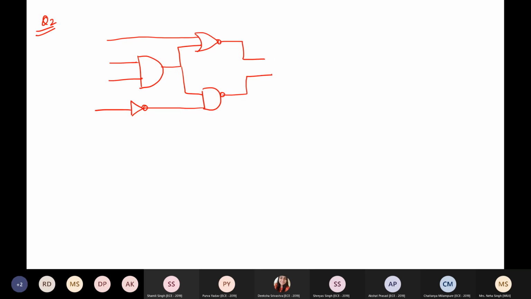What is the last gate? Not an OR gate. The inputs are X1, X2, X3, X4. And you are required to detect a fault here which is stuck at 0. The gates are labeled as G1, G2, G3, G4, G5.